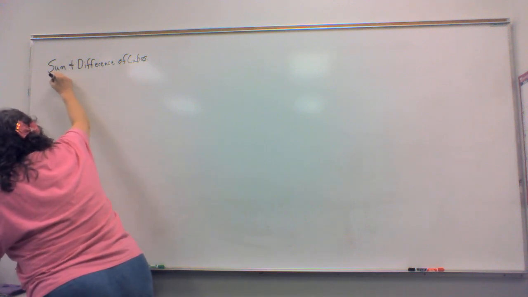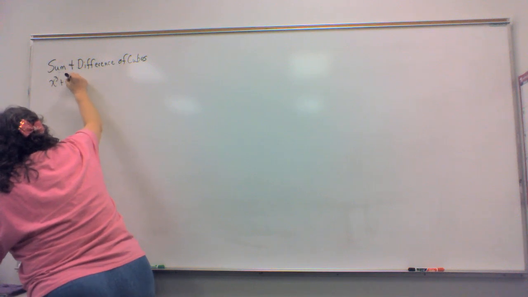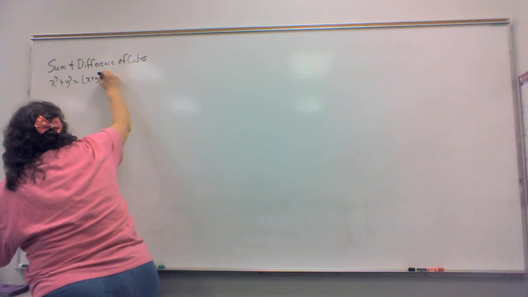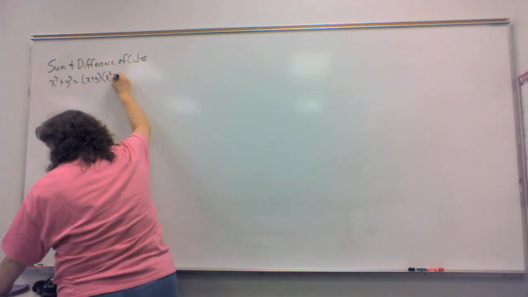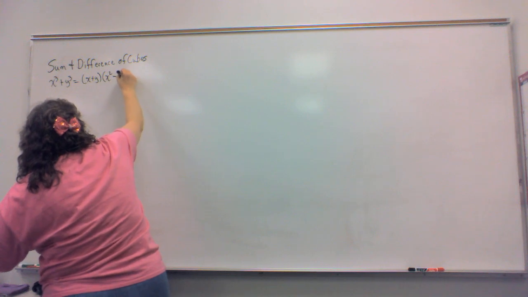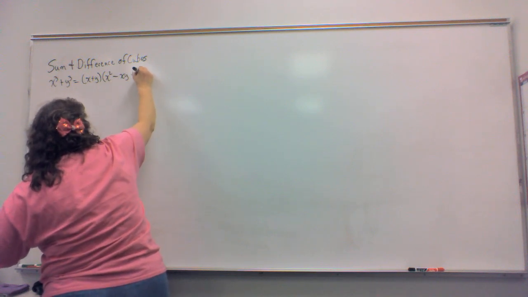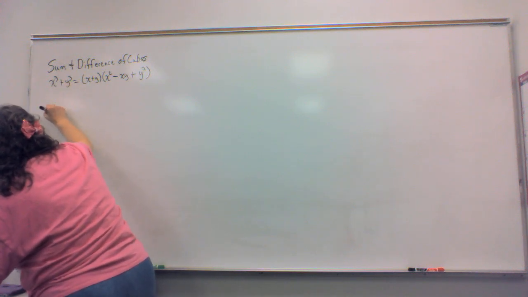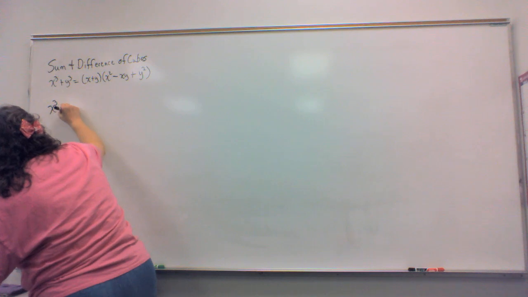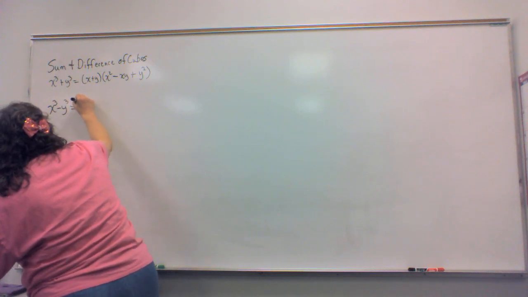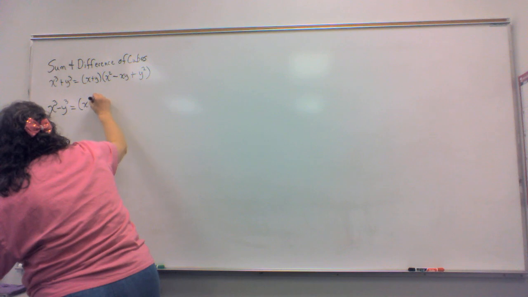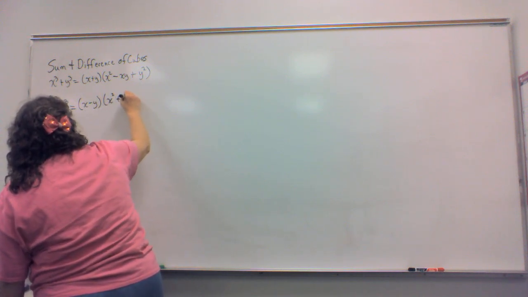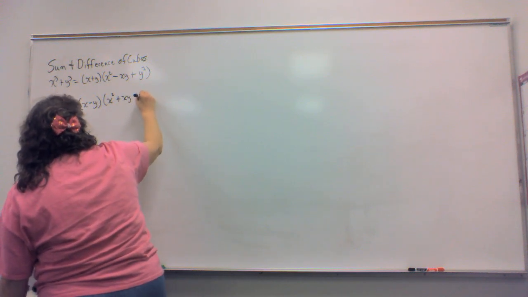X cubed plus y cubed is equal to x plus y times x squared minus xy plus y squared. And that's the sum of cubes. Your difference of cubes is x cubed minus y cubed is equal to x minus y times x squared plus xy plus y squared.